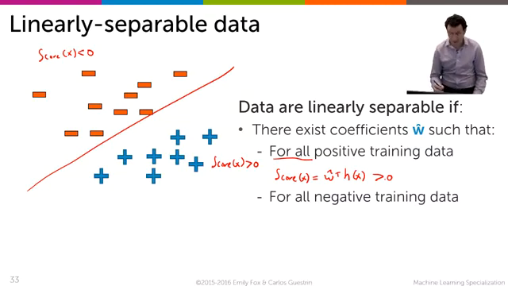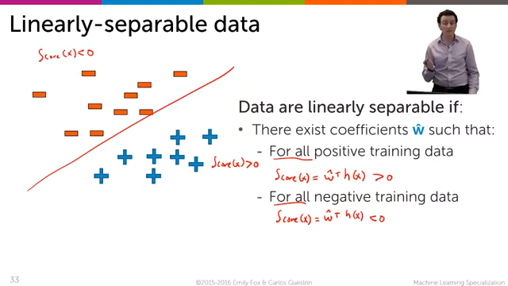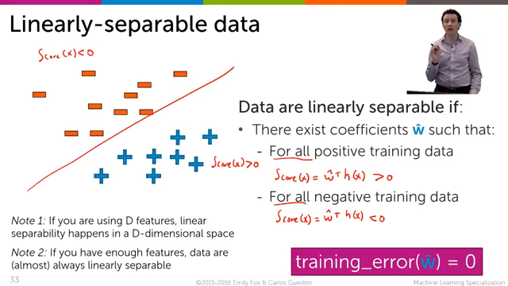And for all negative examples, the score of x, which is w hat transpose h of x, is less than 0. And what that means is that we're getting the training error to be exactly 0.